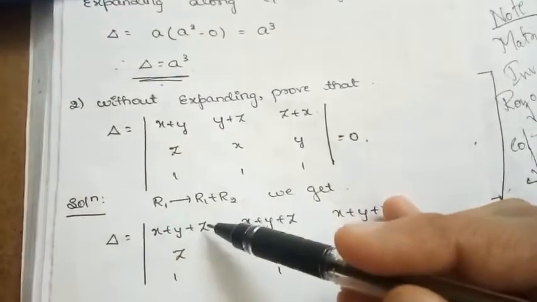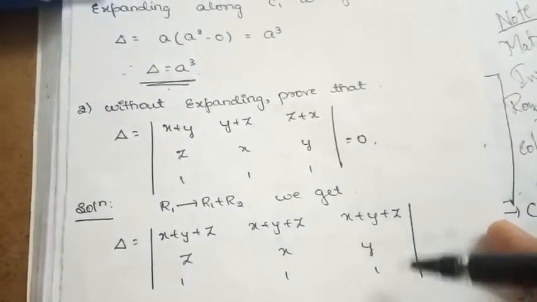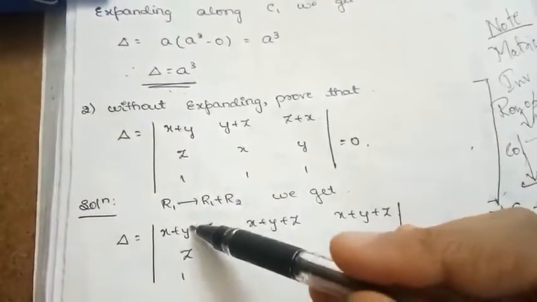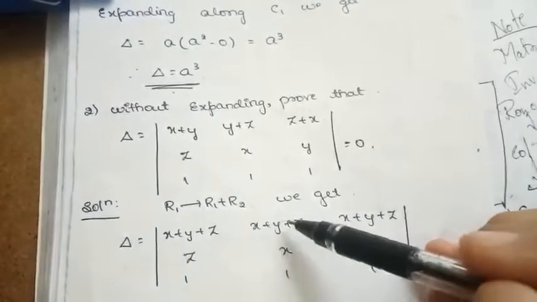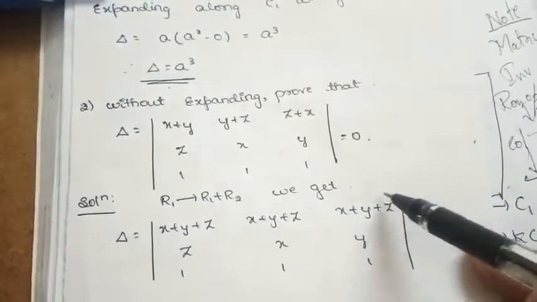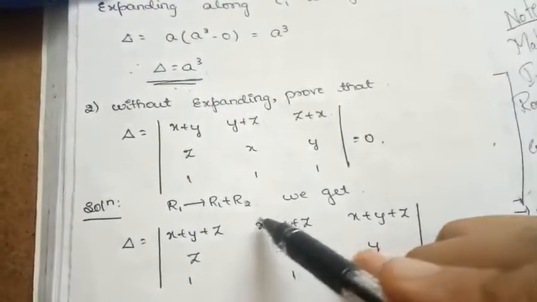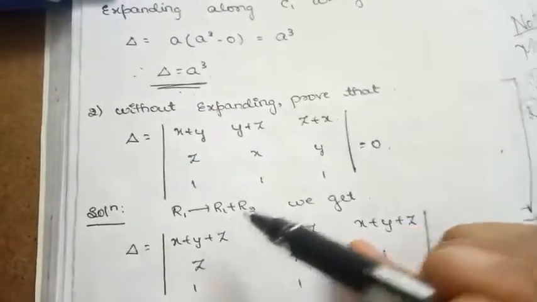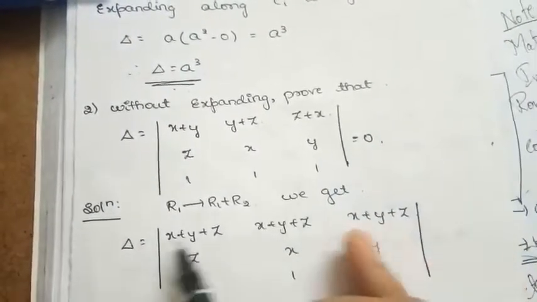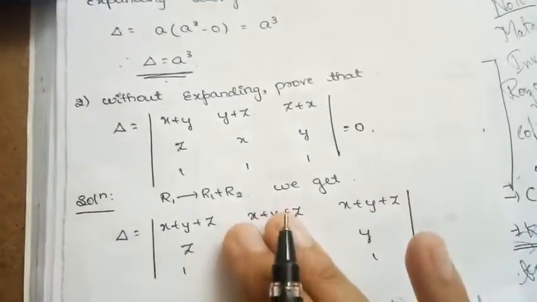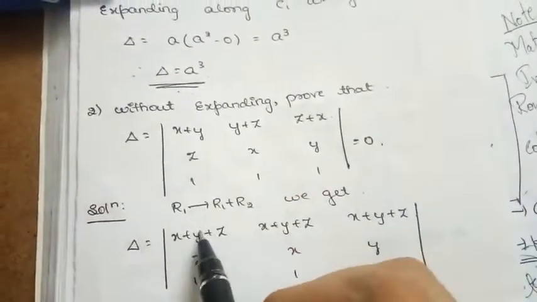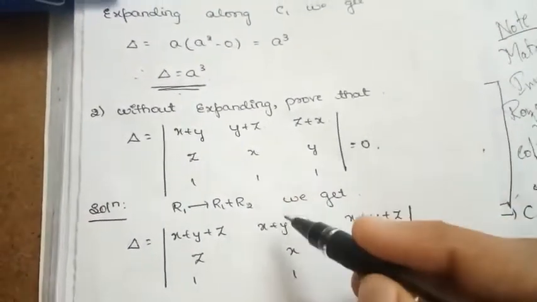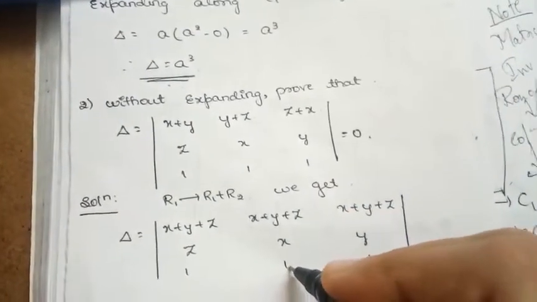You can observe here, R1 and R3 are proportional, right? Proportional means the ratio of R1 and R3 are the same. Or else you can also think in the manner that if we take x plus y plus z as common outside, because here all the three are common, right? If I take whole x plus y plus z common outside, what is the remaining here? 1, 1, 1. At that time R1 and R3 are identical.